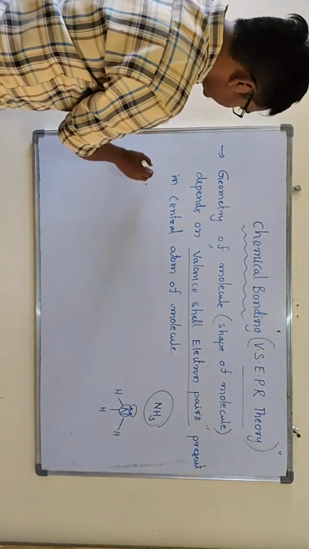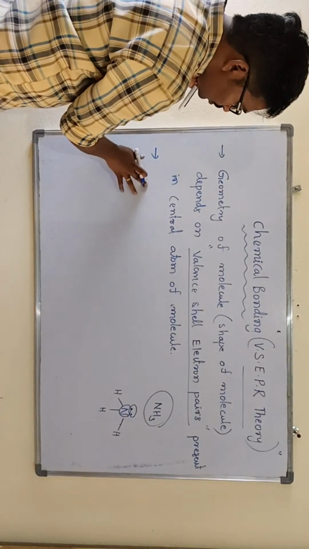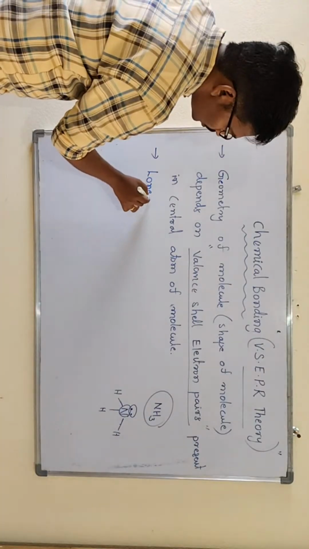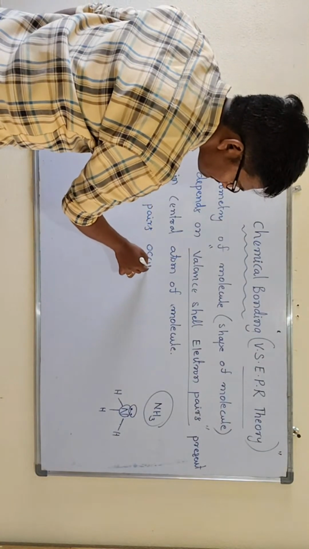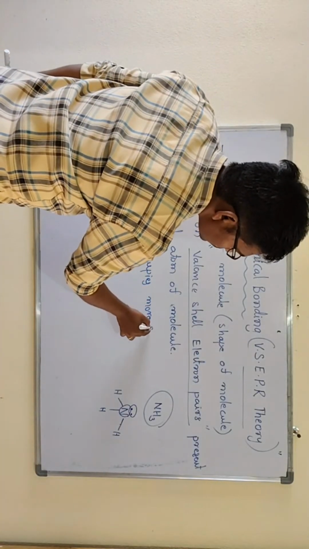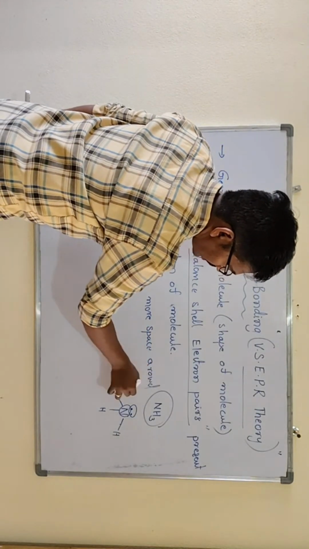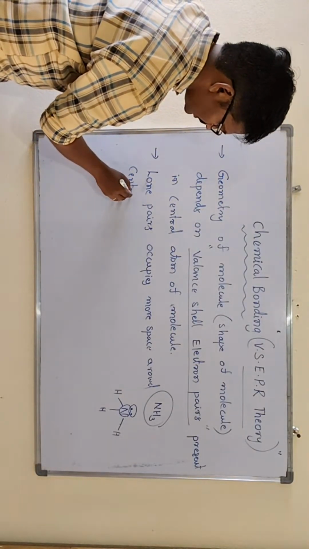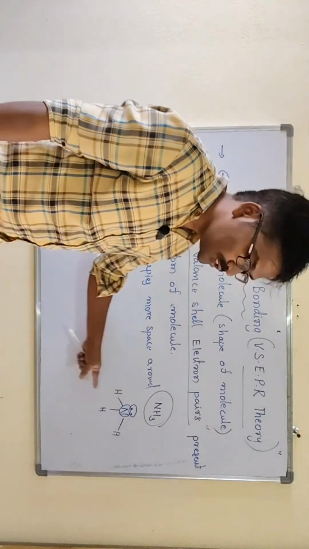The second one, remember, lone pairs occupy more space around the central atom. Look carefully in the NH3 molecule itself.